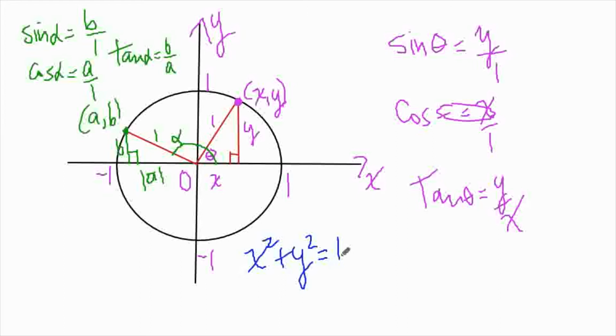Using the definitions that I just gave you, can you see that this also implies that cosine squared theta plus sine squared theta is equal to 1?